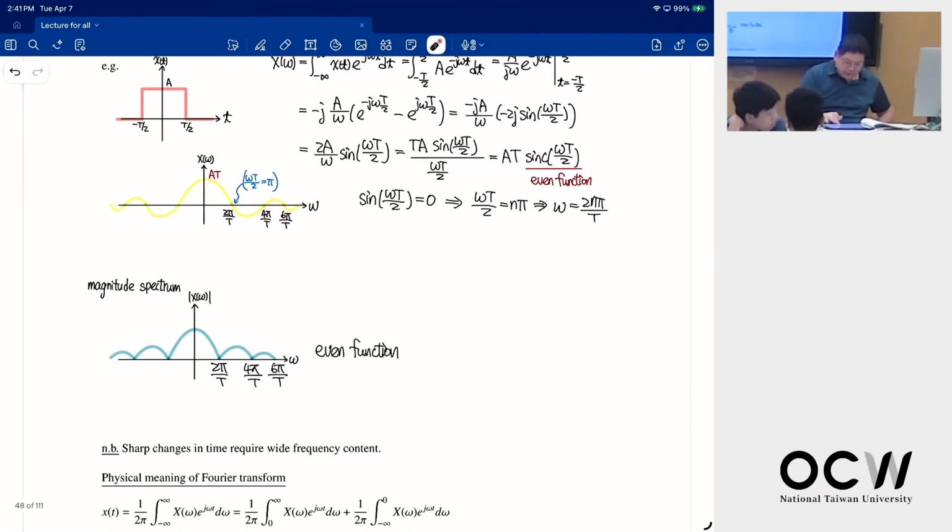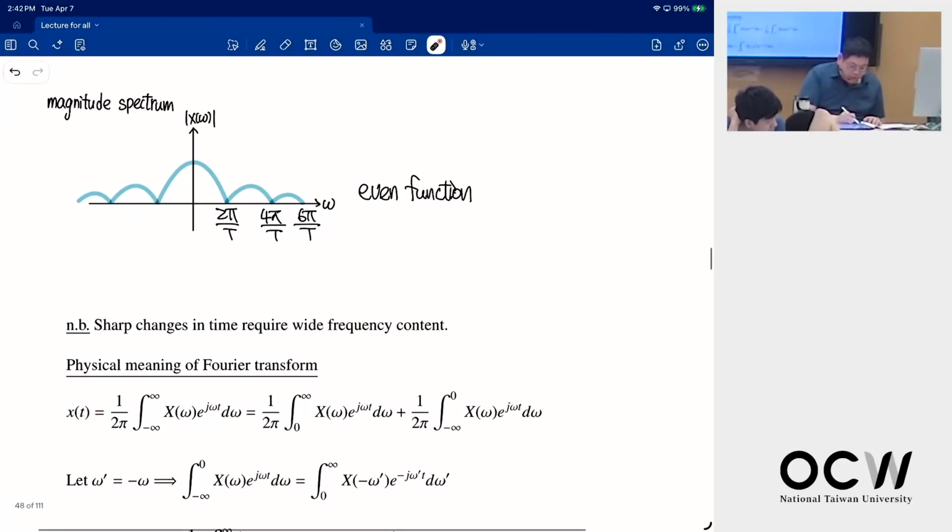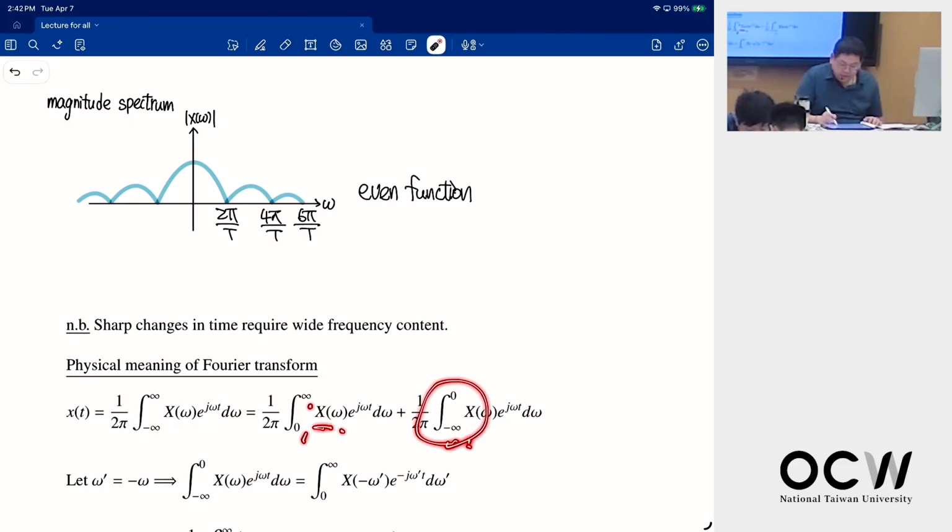Let's see the physical meaning of the Fourier transform. Okay, so what is the Fourier transform? To have our signal, you can think of this as a coefficient times the basis. So we have the Fourier transform times the basis. Now we separate into two parts. First, let's integrate from 0 to infinity, and then from minus infinity to 0.